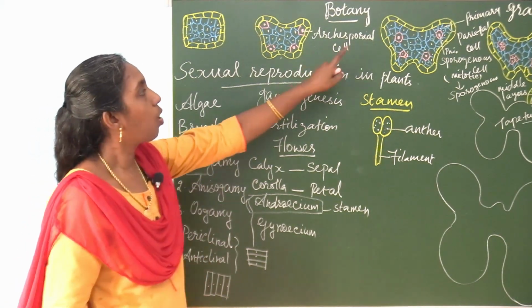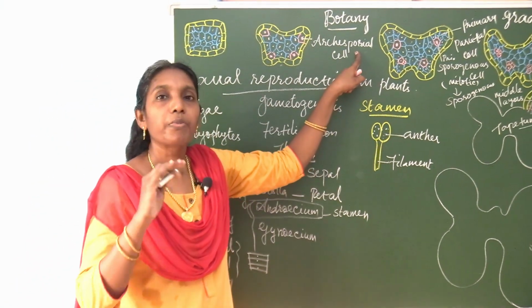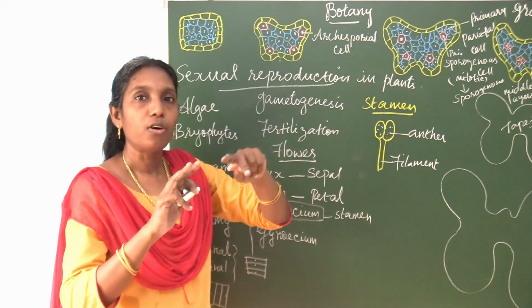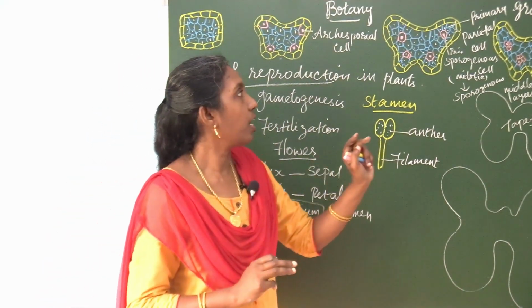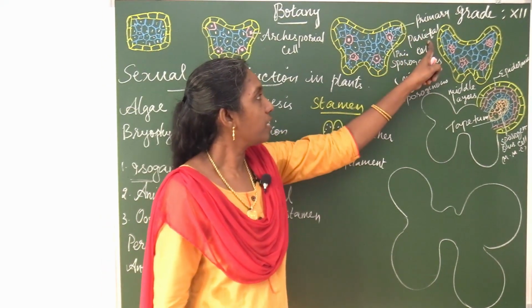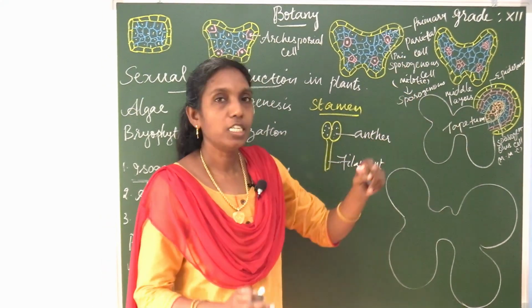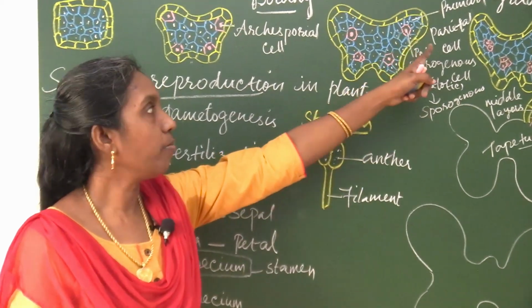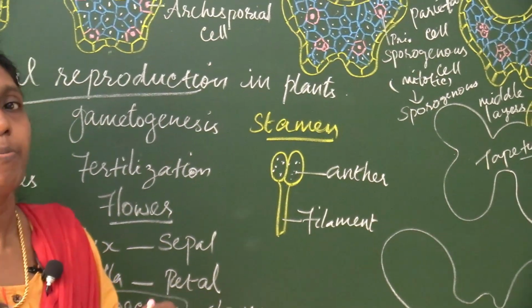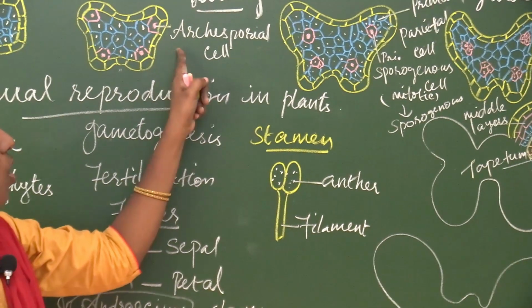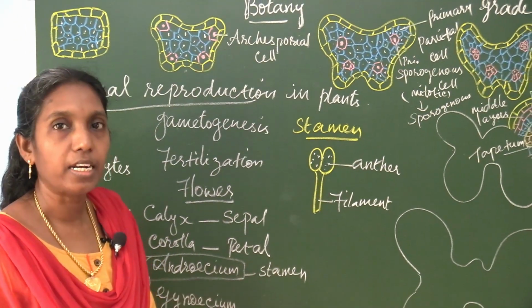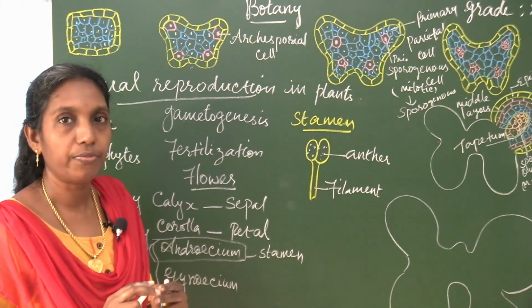Now, the archesporial cells undergo periclinal division, and form two different tissues: the primary parietal tissue and the primary sporogenous cell. How are these cells formed? The archesporial cell divides periclinally and forms two different kinds of tissue.